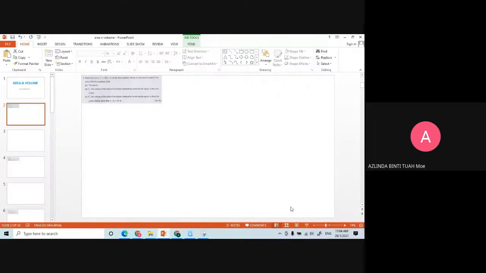Okay, all the questions are taken from past year papers. We start with number 3. Sketch the curve y squared equals 12 times (3 minus x) in the first quadrant.